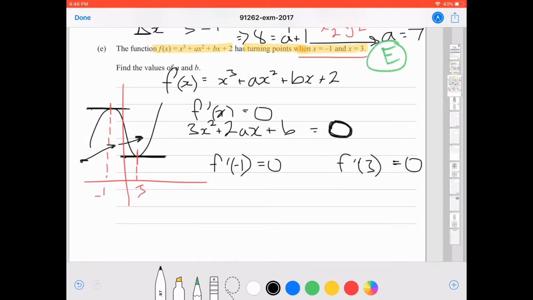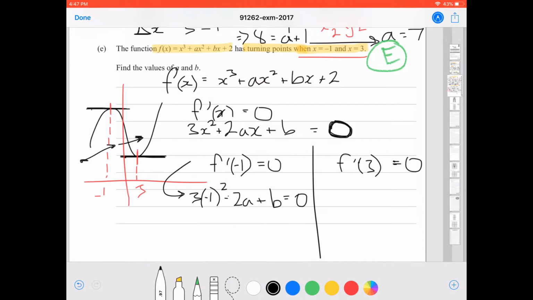Alright, so looking at our f dash of -1 equals 0, we're going to say 3 times -1 squared, let's just do this quickly, minus 2a, plus b equals 0.